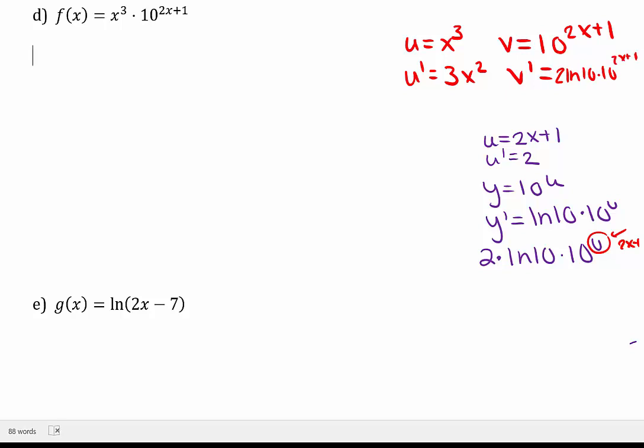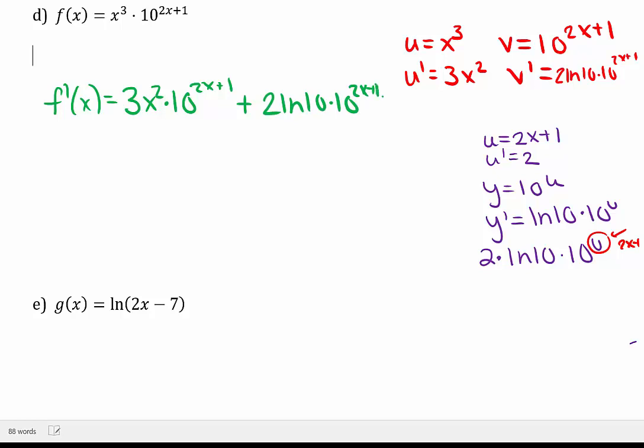Finally, I'm going to plug this information into my product rule. The product rule says we take u prime times v, so 3x squared times 10 to the 2x plus 1, plus v prime times u, that would be 2 natural log of 10 times 10 to the 2x plus 1 times x to the third.